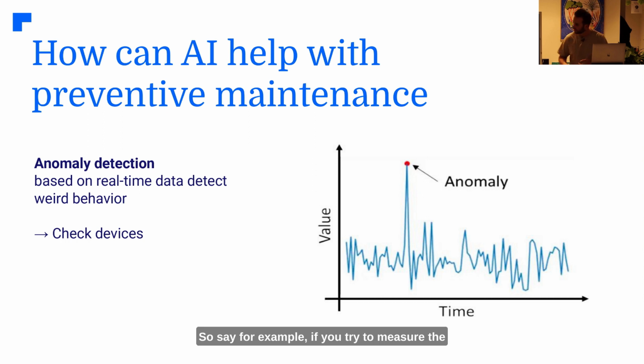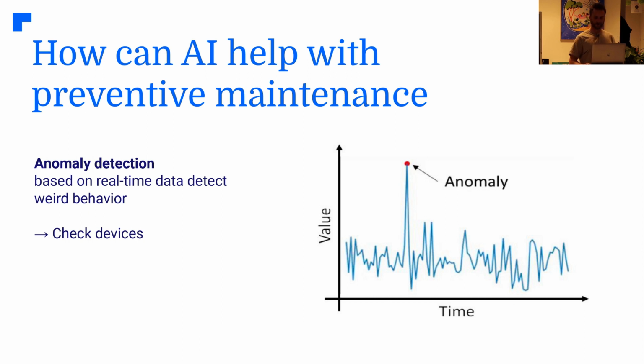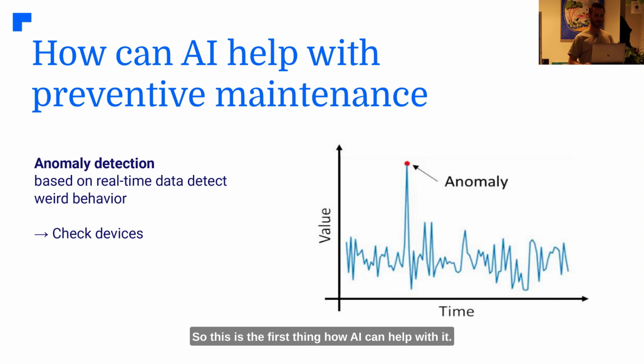So say, for example, if you try to measure the temperature inside your devices and you see a peak, then this might point to something going to break down. So then you can send an alert to some expert or to the maintenance crew, and he can go and try to see what's wrong with the devices. So this is the first thing, how AI can help with it.